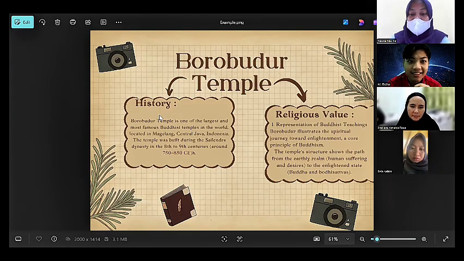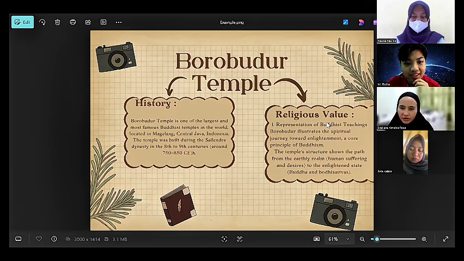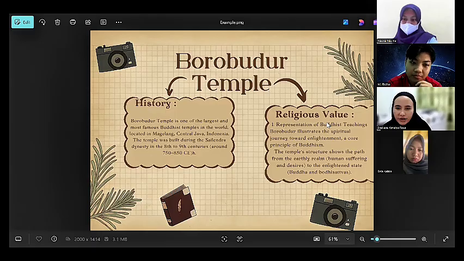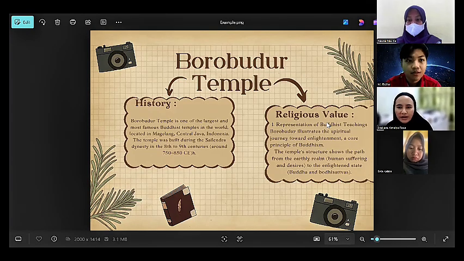Okay. Religious value. Can you read it? Religious value. Representation of Buddhist teachings. Borobudur illustrates the spiritual journey towards enlightenment. How do you pronounce it? Enlightenment.